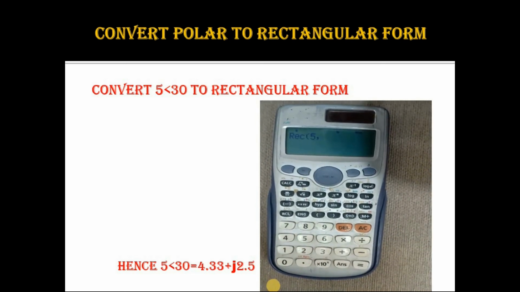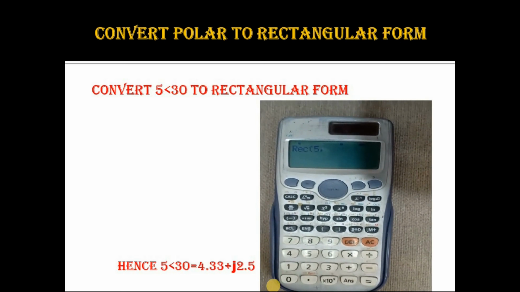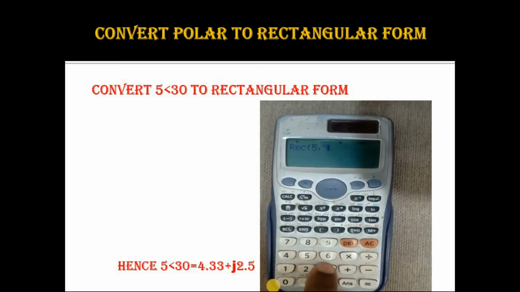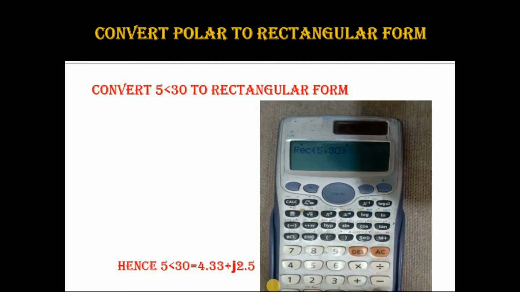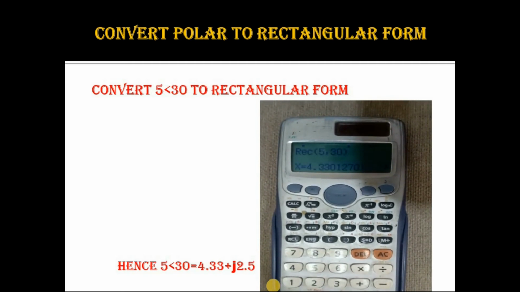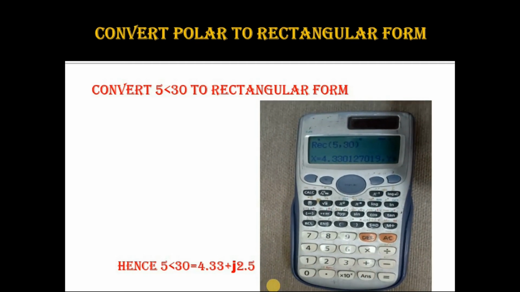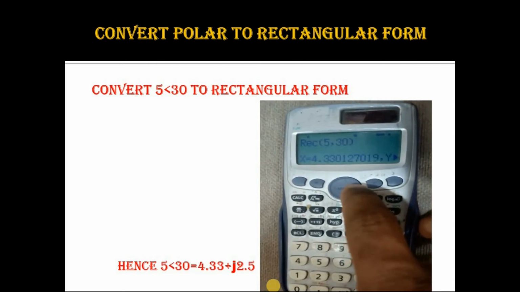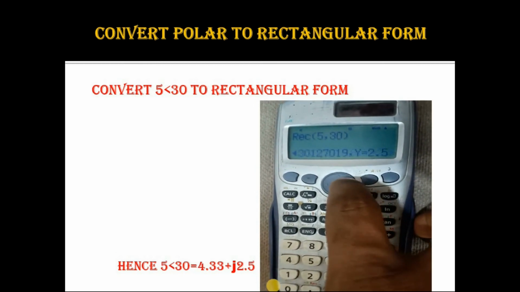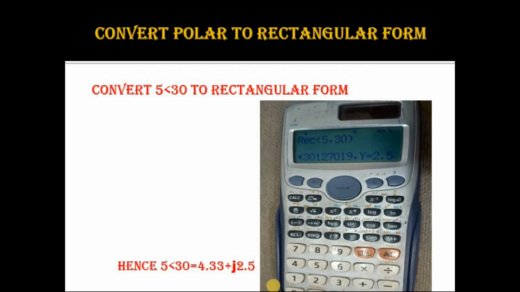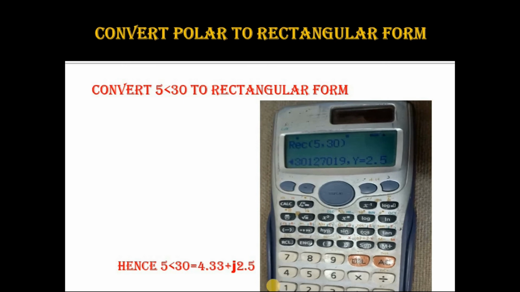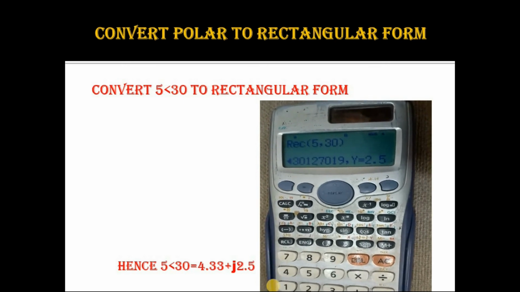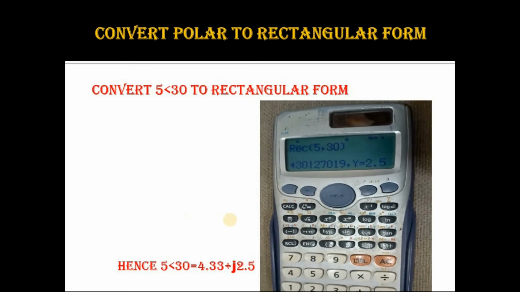So in display we have rectangular of 5 comma. Then enter 30. Close the bracket. Then press equal to. So we have x equal to 4.33 and y equal to 2.5. So 4.33 plus j 2.5 is the answer. Clear?